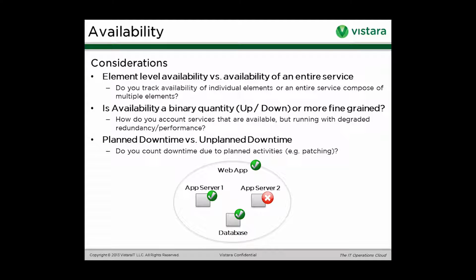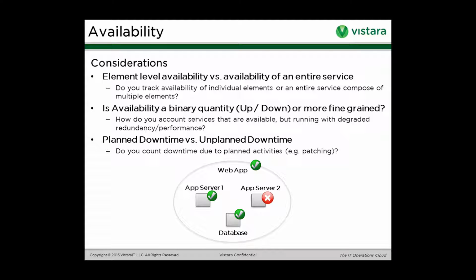just to give you a sense of what is involved in accurately measuring and reporting availability. The first consideration here is, at what level do you measure availability? Do you measure it at the individual device level, or do you measure it at the availability level of an entire service? So, for example, if you look at the picture below, you've got a web app that's made up of two application servers, which are both just clones of each other, and then you've got a database.